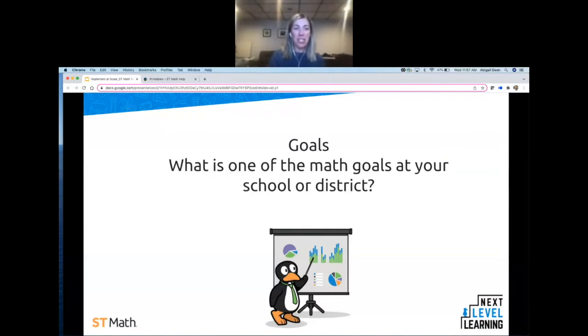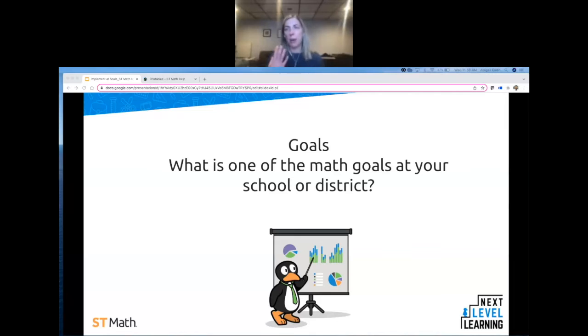So the first part that we want to really start with today is a really important theme, and this theme is our math goals. So as you're thinking before you share out, what is one of the math goals at your school and district? We're really talking in general here, not necessarily StMath. A lot of people were able to share some in the chat.